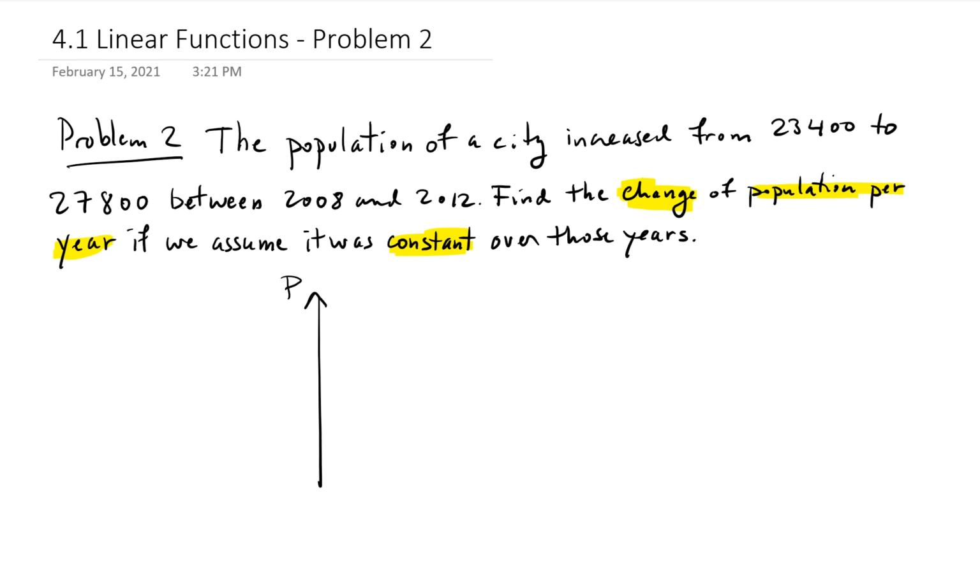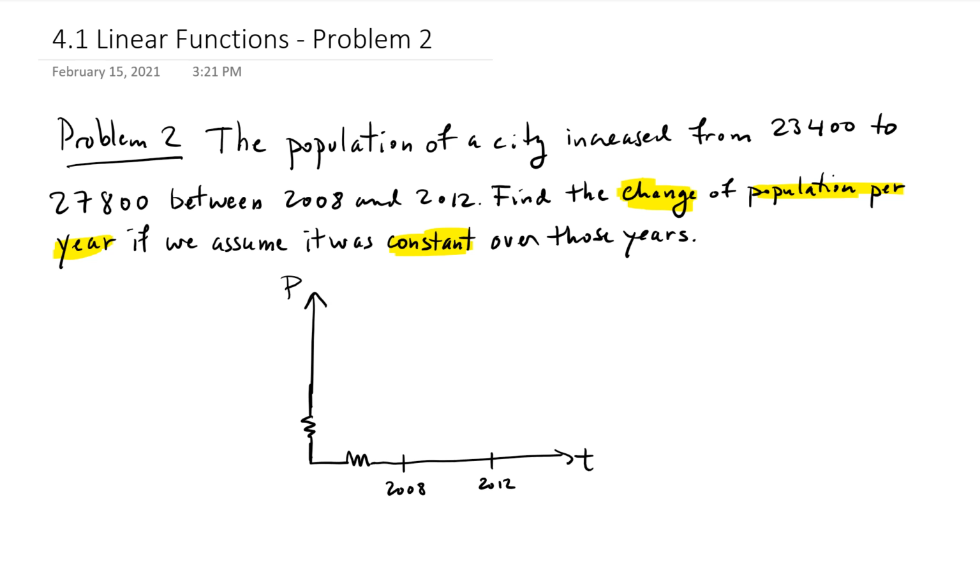So we've got population, let's call it P. Maybe let's graph a broken axis like this, because I don't want to go all the way to 0, 0. It makes no sense here. I'll put T in and I'll put the years here, 2008, 2012.